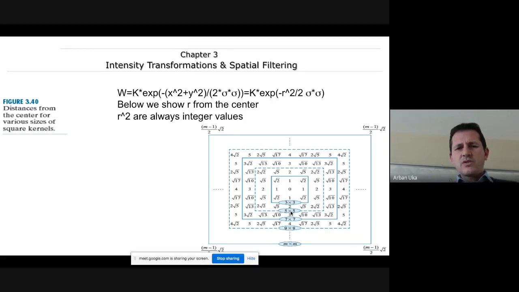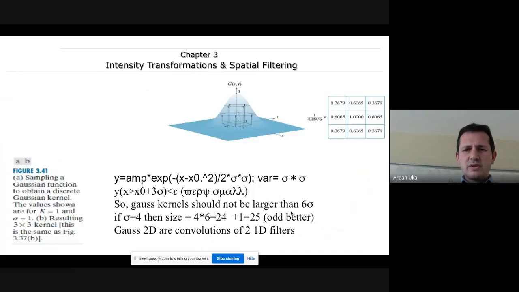That means that these r squared values are always integers. The distances of the pixels from the center are not very high precision, because many square roots are irrational numbers, but this is just telling how far a pixel is from the center.